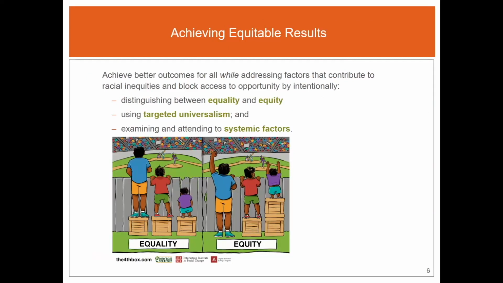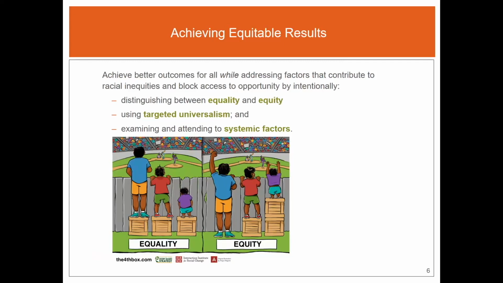So in the second picture here, you see that there have been some targeted interventions, more boxes for folks who need them to see over the fence. But even that in itself isn't enough. If we are really serious about addressing the racialized policies and practices and behaviors, and about disrupting the systems and structures that are actually leading to bad and often inequitable results, we believe leaders actually have to examine and attend to the historical and systemic factors that have produced and perpetuate those inequitable results.